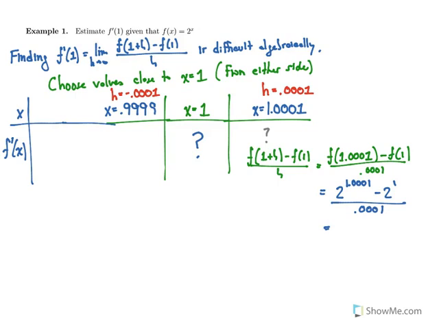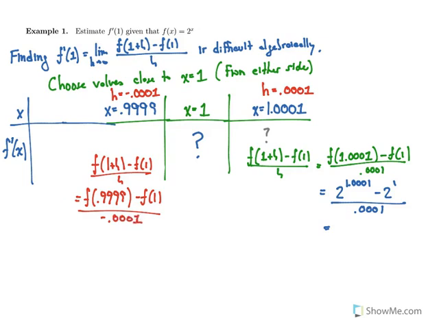On the other side, we have f of 1 plus h minus f of 1 over h, and this is going to give us f of 0.9999 minus f of 1 over negative 0.0001, which when we plug into the function will be 2 to the 0.9999 minus 2 to the first, which is 2, over negative 0.0001.